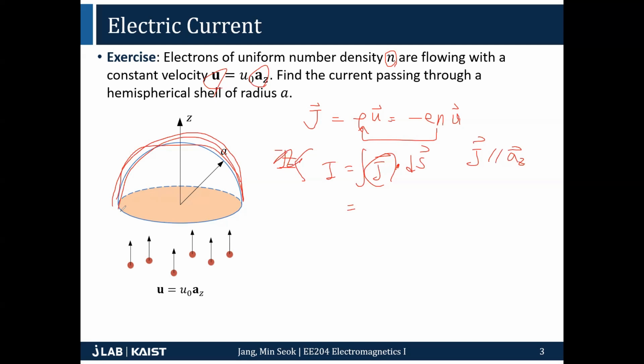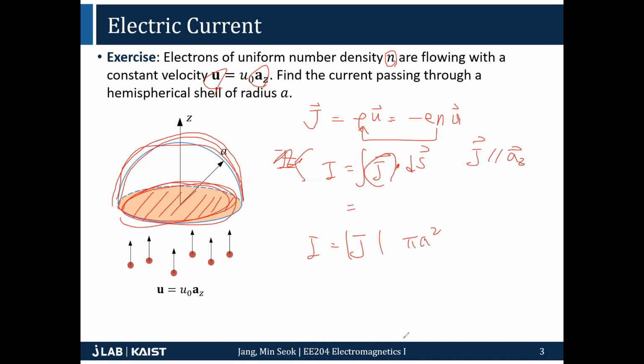Instead, we can just take the area that is normal to the z direction, which is the cross-sectional area here, right? And then the solution becomes much easier. So I is the J amount times just pi a squared.